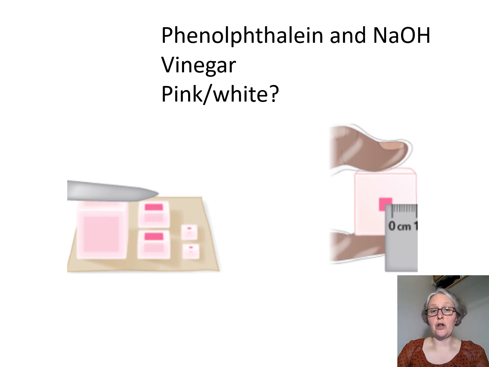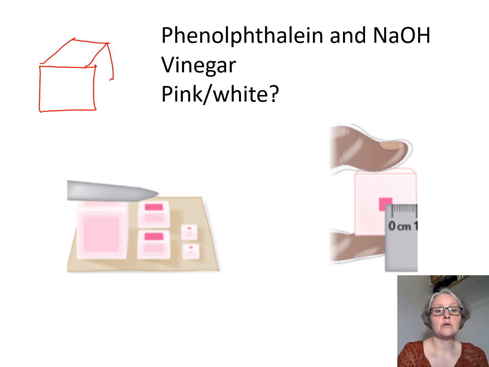So you should know the following. We used phenolphthalein and we made some cubes with sodium hydroxide. And so this is where you got those bright pink cubes. So you should know that if you make these agar cubes with base and phenolphthalein in them, they'll turn bright pink.